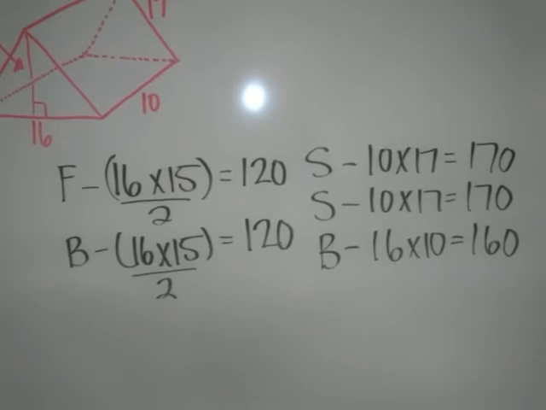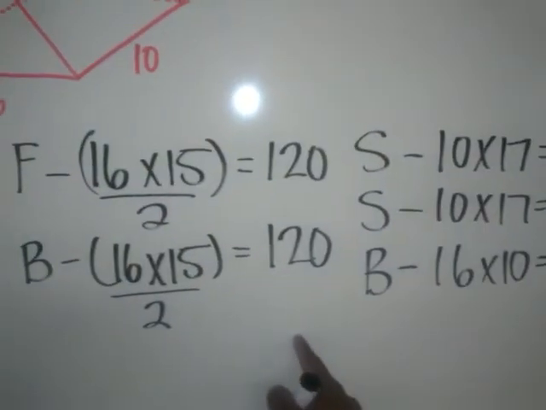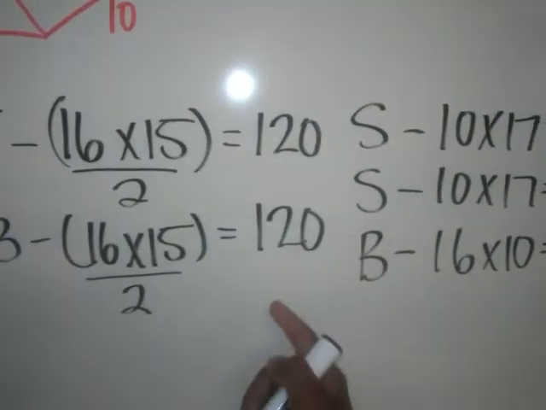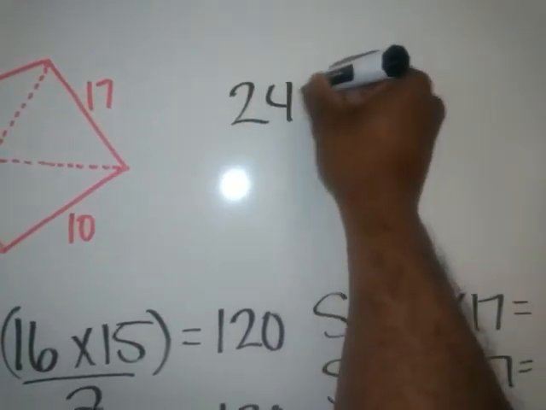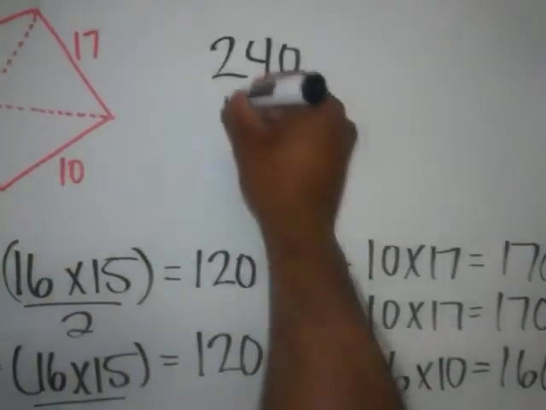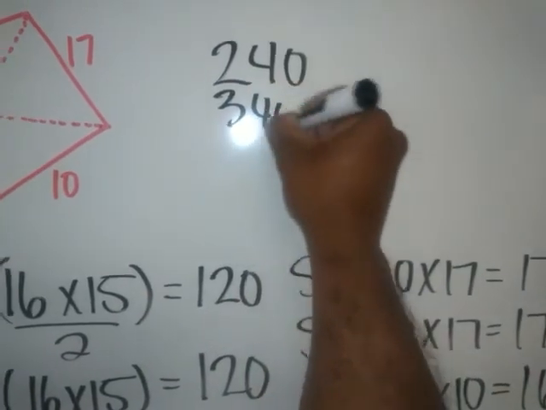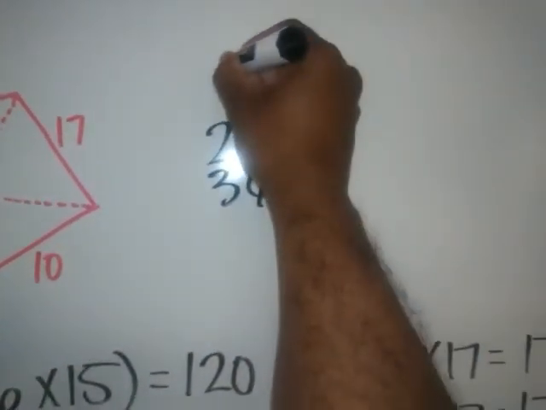Let's go ahead now and perform addition. I'm going to use some addition counting skills here. This is multiplied by 2. This will give me a net of 240. 170 and 170 gives me 340. And then we're going to add 160 to that. I'm just going to put 160 up here.